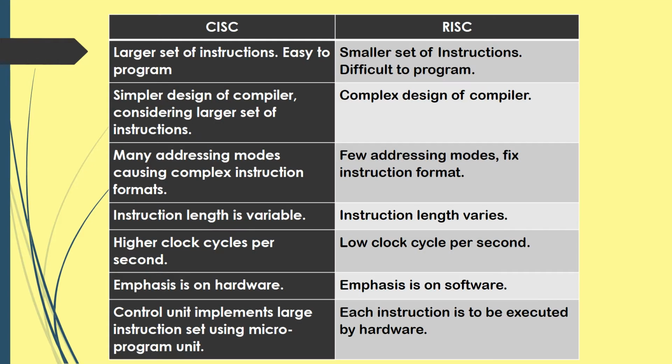Now, as I mentioned, controllers are divided based on instruction set into two categories. The instruction set, as we know, is a kind of group, and based on the addressing modes we are classifying them.